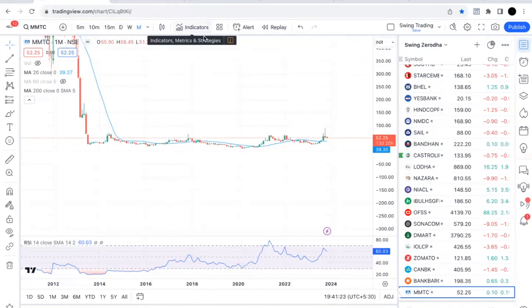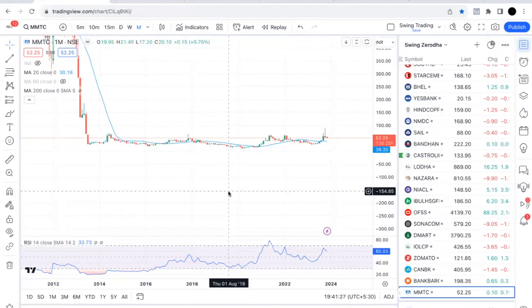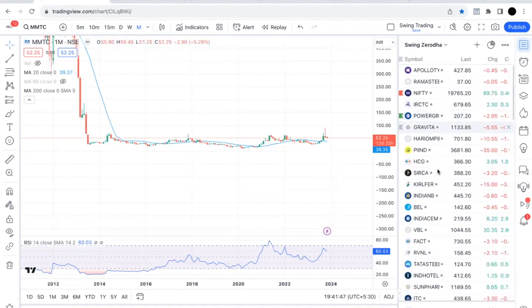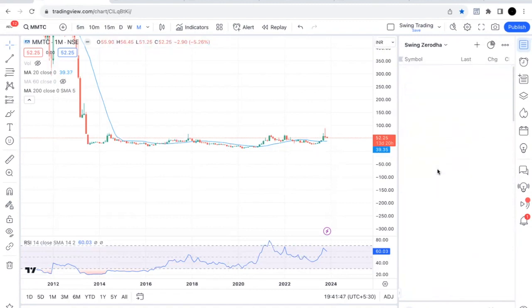I did that before, not a stock, but maybe a symbol. For example, I have Nifty, and then in the US, I would have the Dow Jones, S&P 500, like that. A couple of things as a place marker. That's another way to do it if you're using a free account.